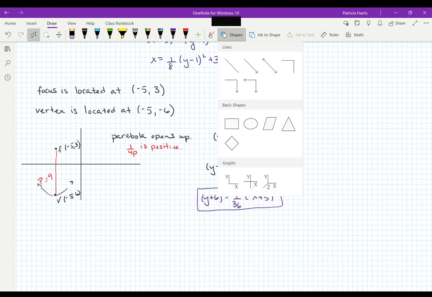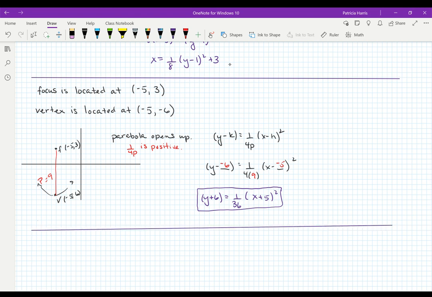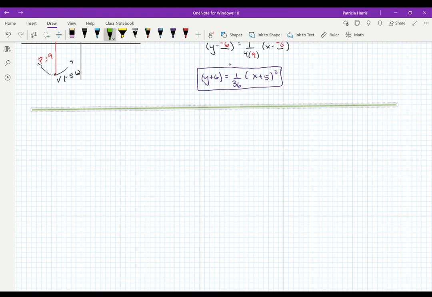Let's say the directrix is at x equals negative 2, and the focus is at negative 6, 4.